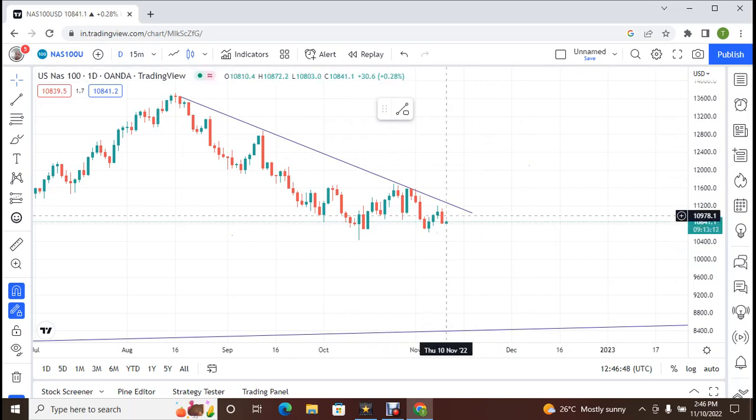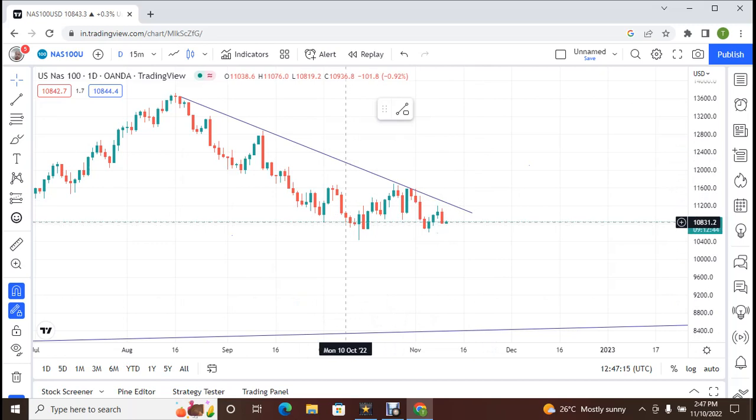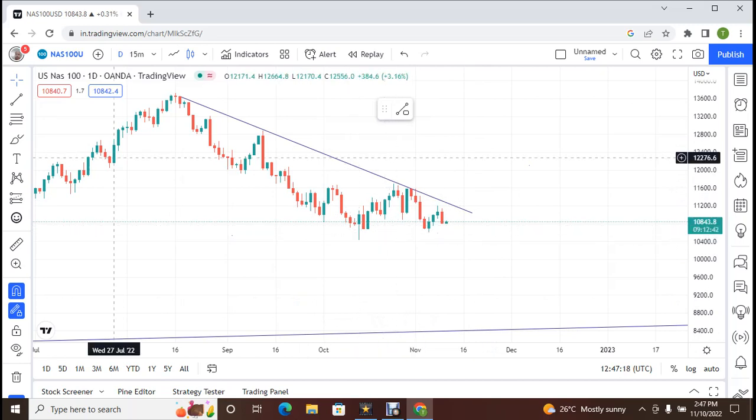So you cannot fail to see a pattern on 4 hours and on daily, and then move to 15 minutes, see a pattern, and trade. It's not safe to trade like that. You trade looking at the bigger time frame. No, it does not work like that, vice versa. It means you start from 4 hours.